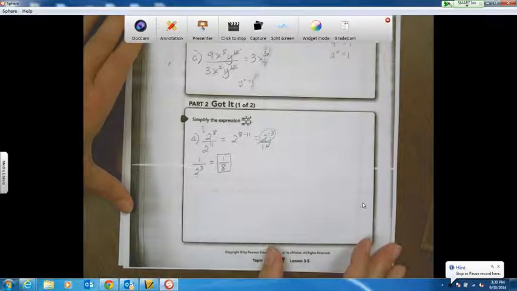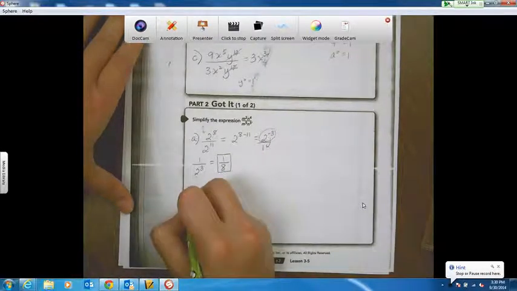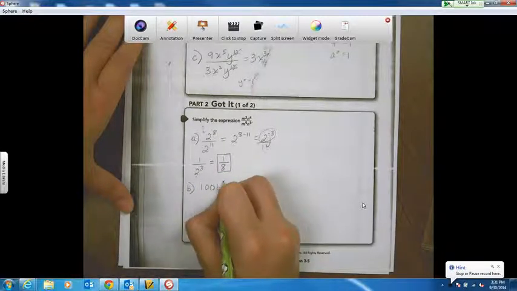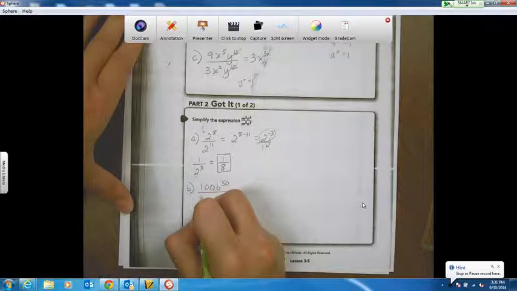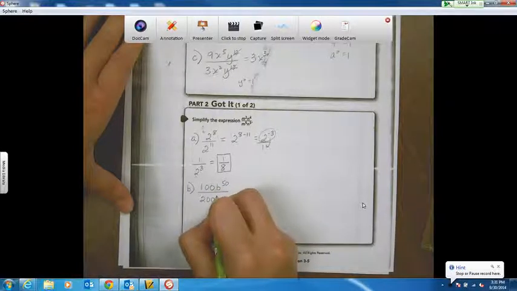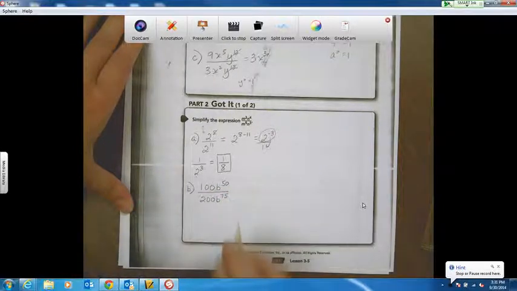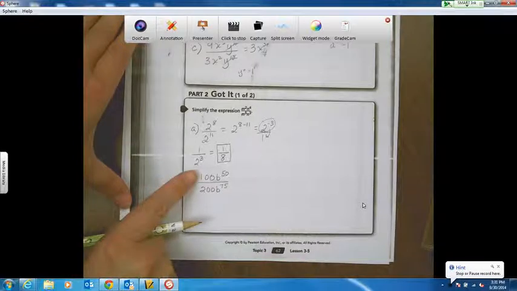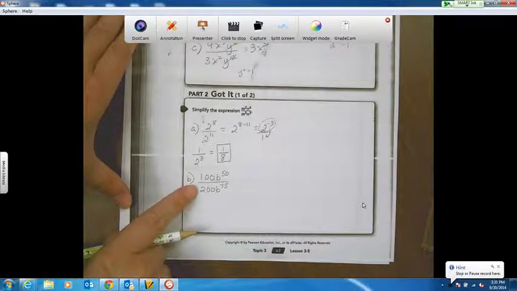All right, let's look at another one. So B, 100 B to the 50 over 200 B to the 75. All right, so the first thing I would do is I'd go ahead and simplify my numbers. Okay, 10 will go into 100, but so will 100, and 100 will also go into 200.